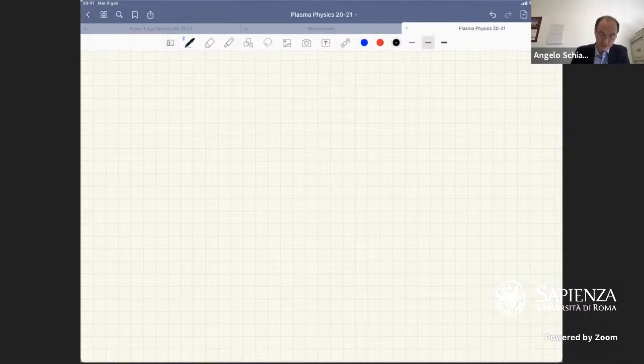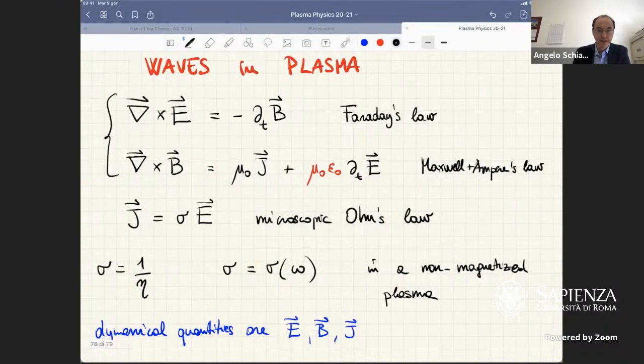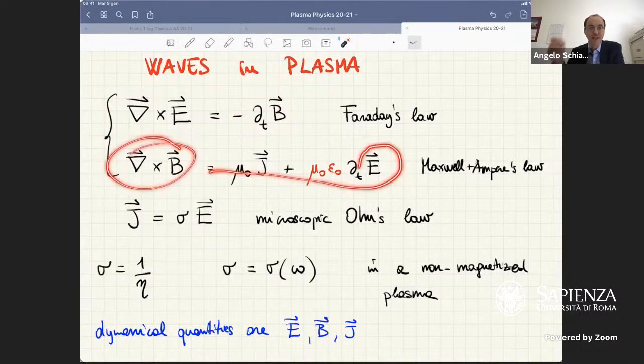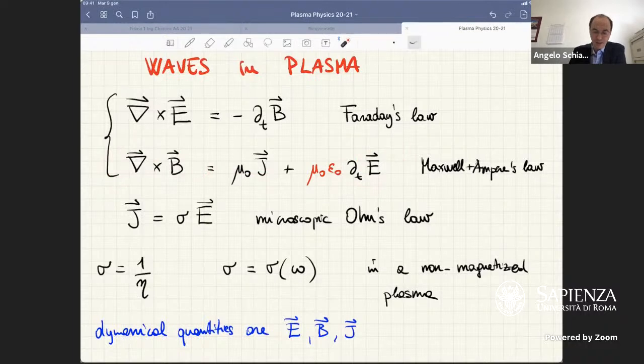So for instance, let's work a bit with Faraday's equation. So curl of E, and a very common technique is to look at this equation. We have the curl of E as a function of B, and curl of B as again a function of J and E. The technique for obtaining a wave equation is to take the curl of both of them and combine them.